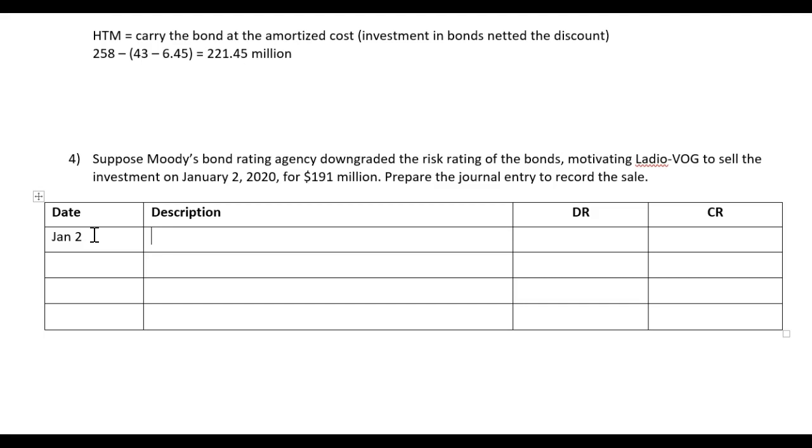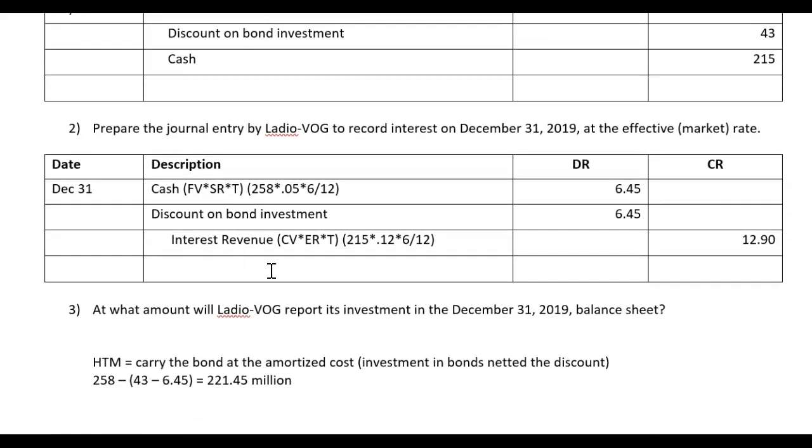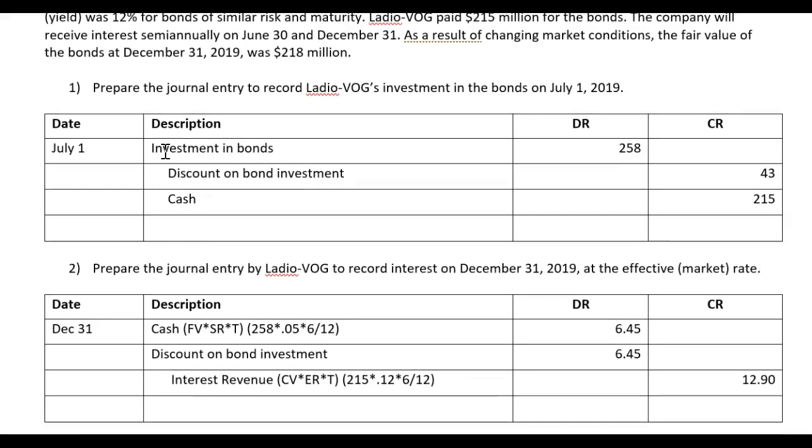All right, so we're going to go in and first record the cash payment that we're going to receive. When we sell the bond, we receive cash, and that's going to be $191 million. Now there's a few things that go on with this. If you want to think of it logically, when we sell the bond off, we have to get rid of all the components we put on for the bond, except for the interest revenue. When we put the bond on, we put on the investment and the discount.